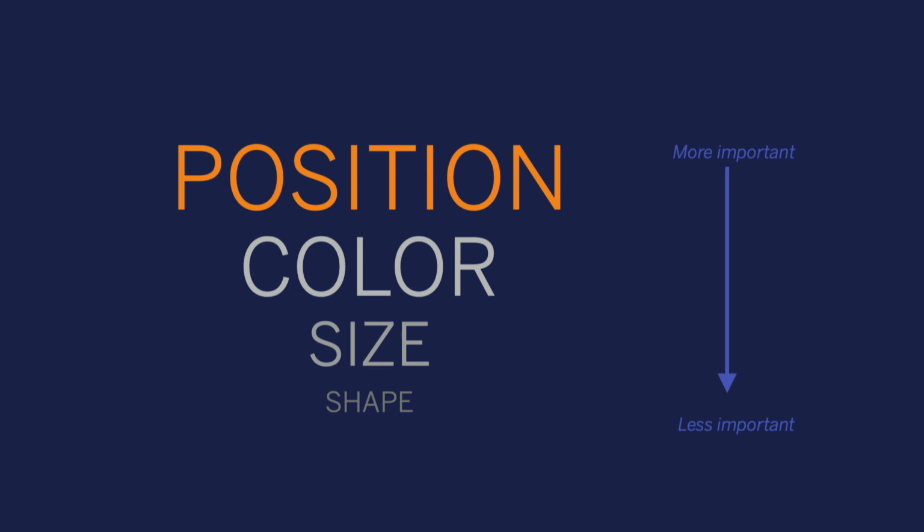That in our brains, position is the strongest factor for us to understand data. Then color, then size, then shape. So as you're building data visualizations, think about position first, color second, size third, and shape last.